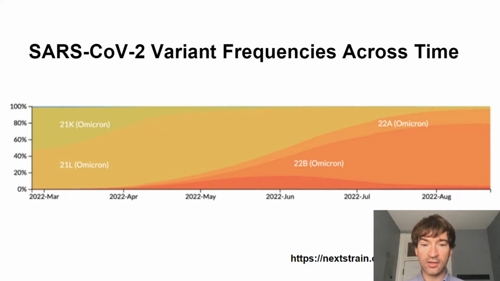And as time goes on, different variants outcompete other variants, right? So we just see this kind of rise and fall behavior. In the last 6 months, it's been various kinds of Omicron variants. But going back over 2 years, there's a rich history of different variants coming into the picture. And so any modeling that we'd like to do should recapitulate these kinds of dynamics.